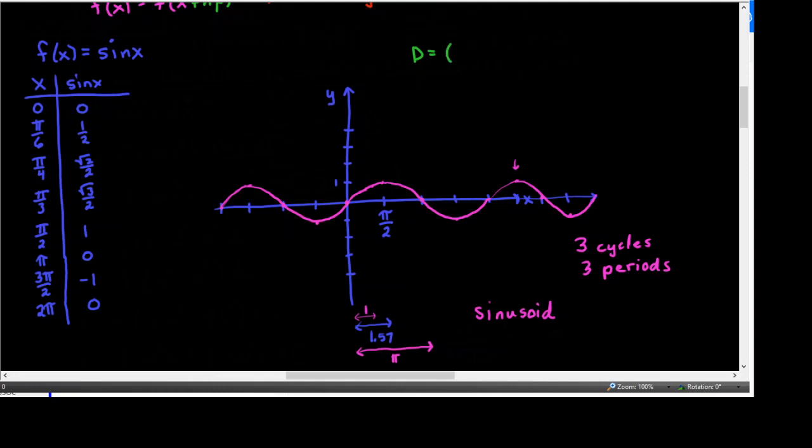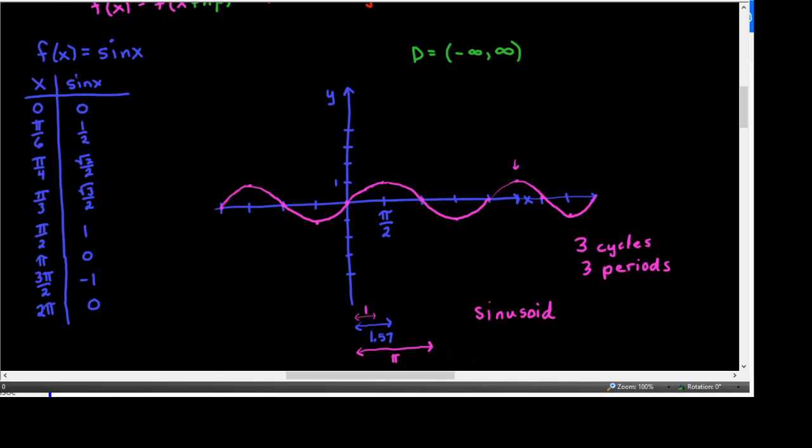So the domain of this is all reals. And in fact, that's generally speaking what you want the domain to be. The only reason it sometimes isn't all real numbers is if you're trying to divide by 0 or trying to take the square root of a negative number, for example. Anything that doesn't give you a real number answer has to be thrown out of the domain. But we do start with the idea that we want it to be all reals.